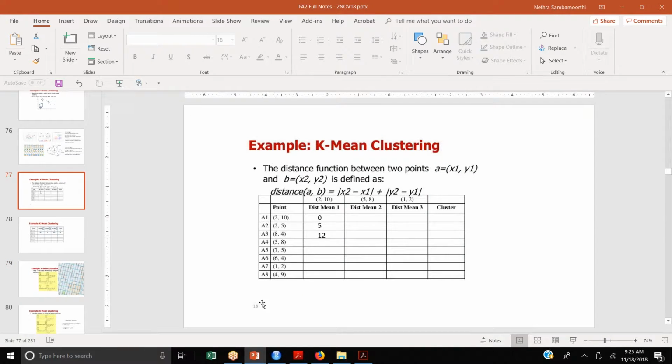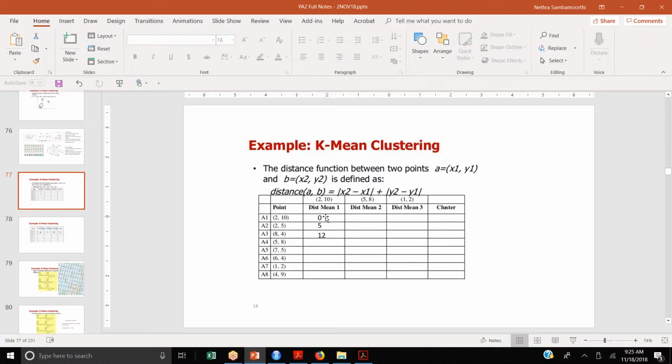So what we are saying is, I have decided to do 3 clusters, and I have selected randomly these 3 center points. I calculate the Manhattan distance for each of the other points from these. Whatever is closest to a center point, I will consider that it belongs to that particular cluster.